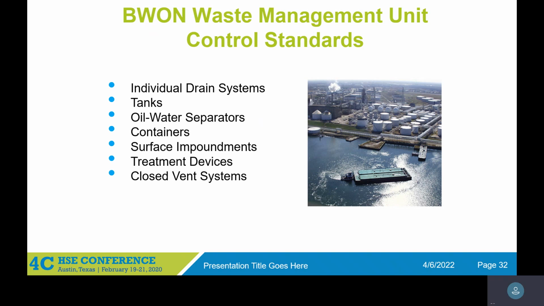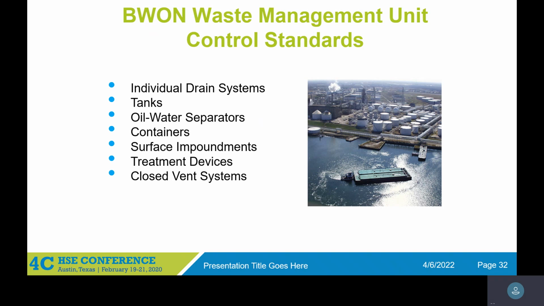Okay. So if you look at your little table, not in the same order per se, but tanks, examples are slop tanks, wastewater tanks, spent caustic tanks. Surface impoundments are aeration pits, ponds, and lagoons. Containers, examples are roll-off boxes, vacuum trucks, drums, totes, flow bins.